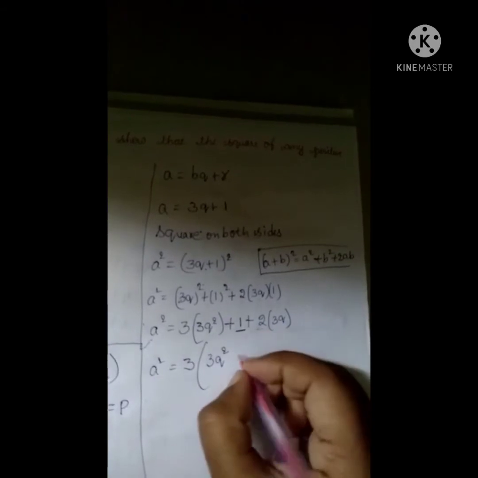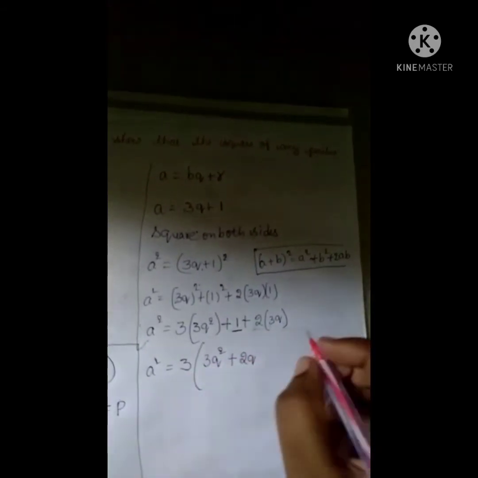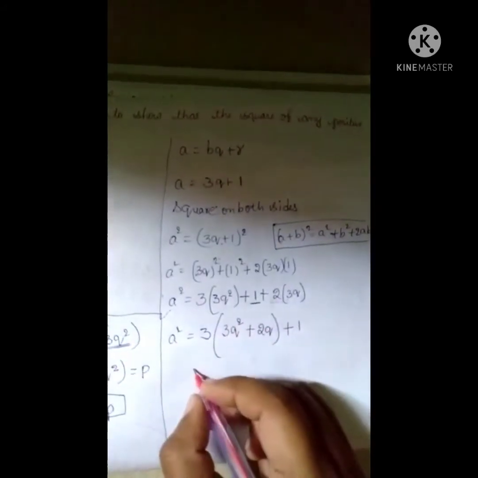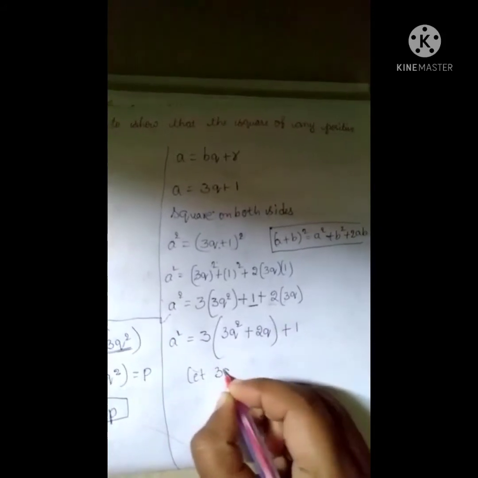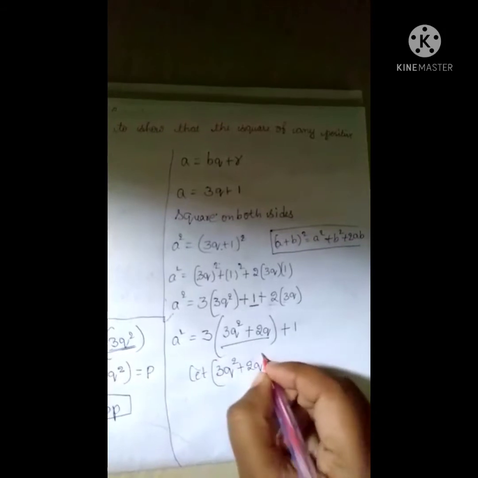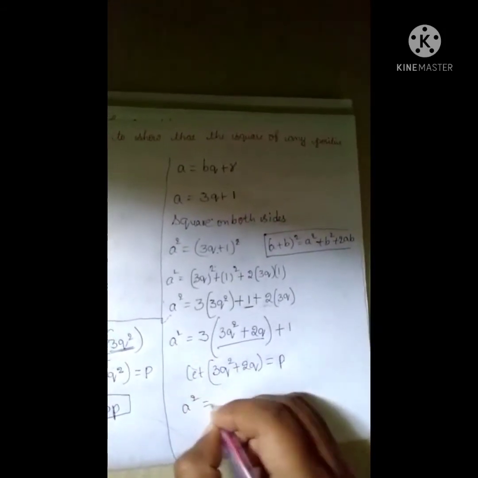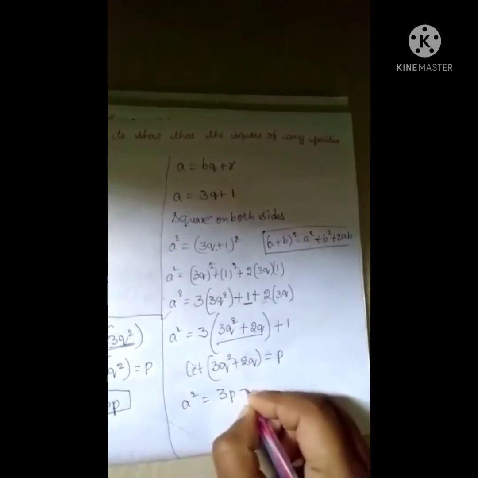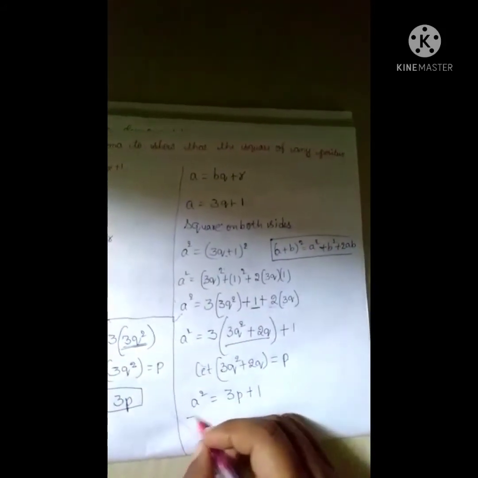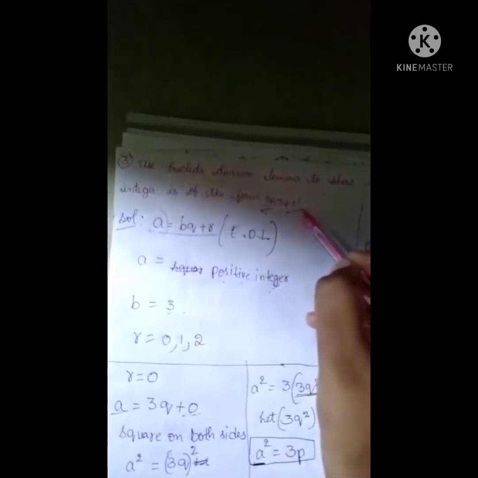But if you see here, I am taking 2q and the 3 I am keeping out, plus 1. Now let the value in the bracket 3q square plus 2q is equals to p. Okay. A square is equals to 3p plus 1. So any positive integer square is equals to 3p plus 1.